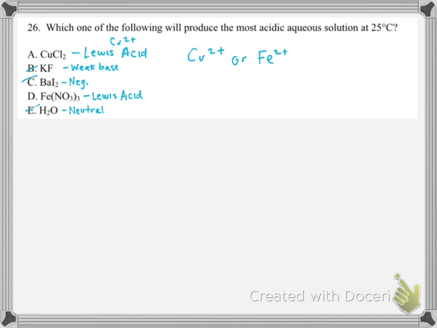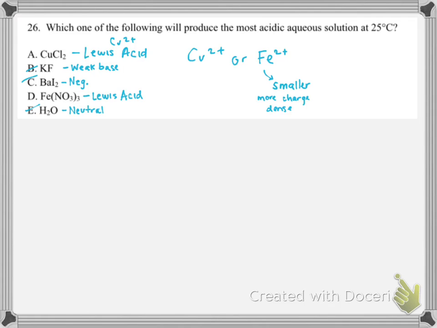So if you look at the periodic table, you can see that iron 2+ is actually going to be smaller than copper 2+, making it more of what we'll call charge dense. So it will look like it's slightly more positive.